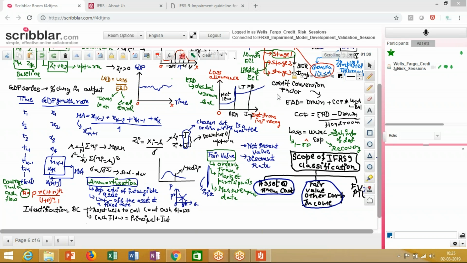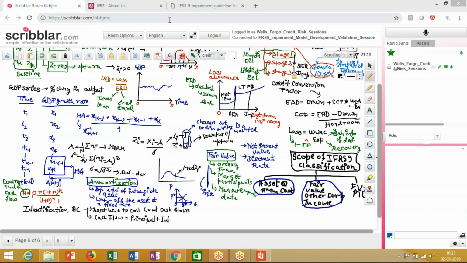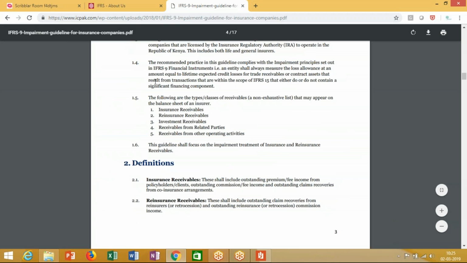Okay, so let's go back to this part: the insurance and other receivables and reinsurance contract assets. First, it says that these are the different types of receivables for an insurer. And what are insurance receivables?